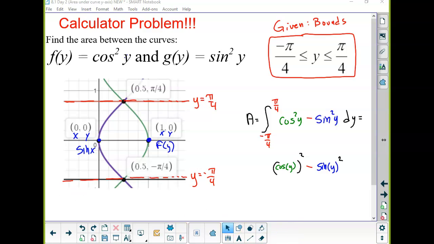I'll model this one on my calculator just in case you have questions. And you should also check that if we don't get the same answer, but everything's typed in correct, there's a chance you could be in degrees mode instead of radians.